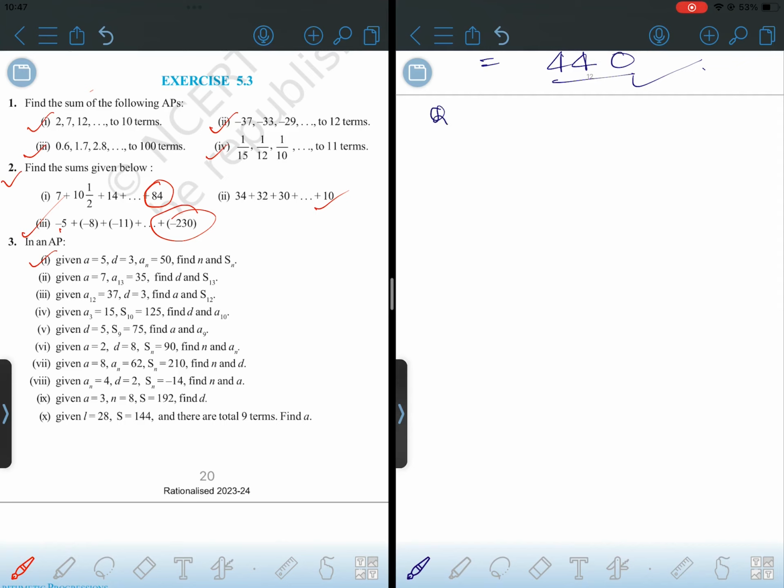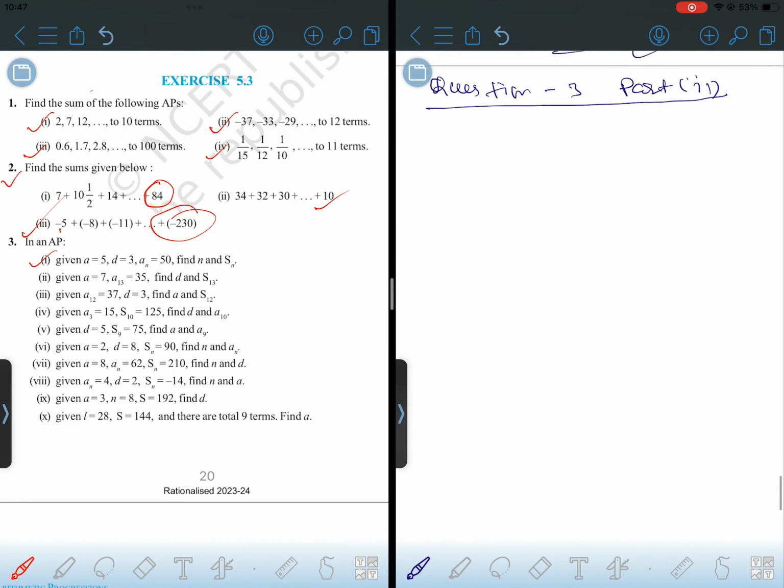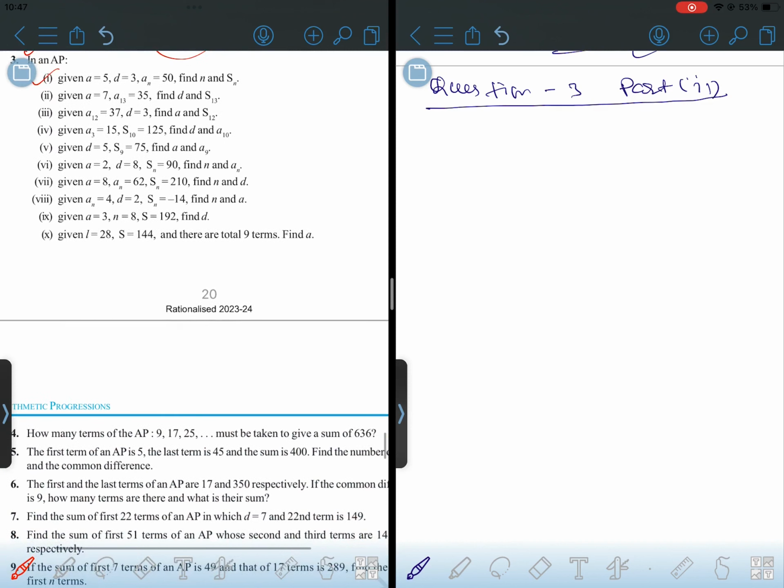So, part two, this one. Here, what are we given? We are given a is equal to 7, and a13 is equal to 35.